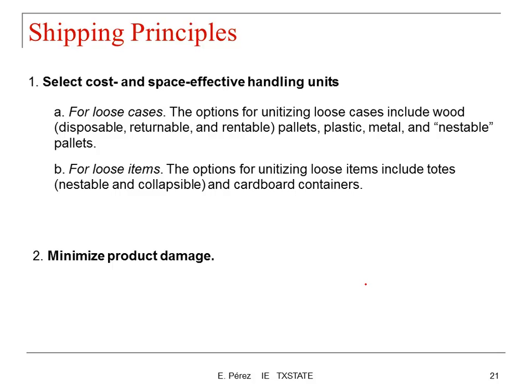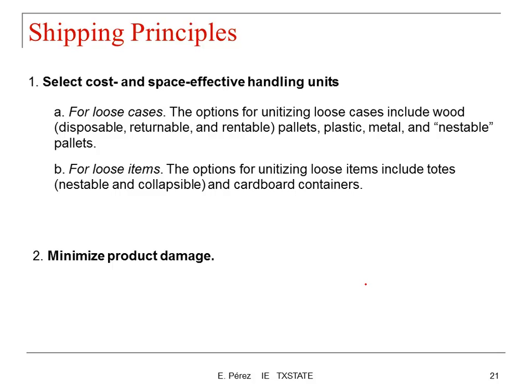So for loose cases, the options for unitizing loose cases include wood, pallets, plastic, metal, or nestable pallets. So you're basically putting the items in different type of material, but in a pallet to move them to your customer destination.